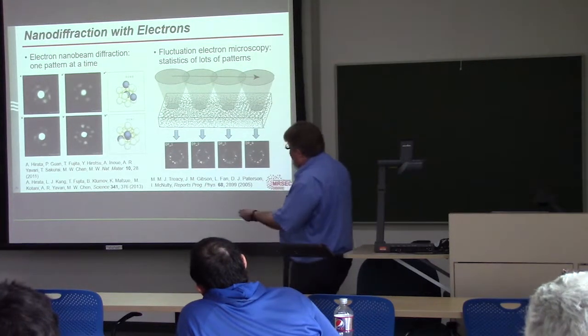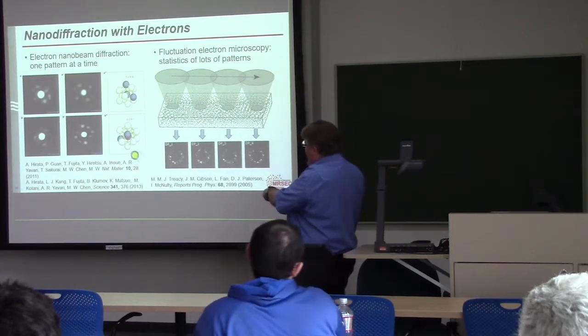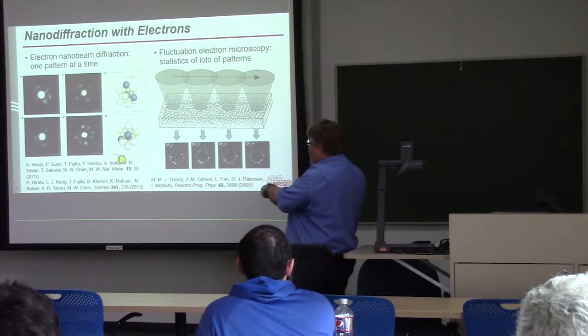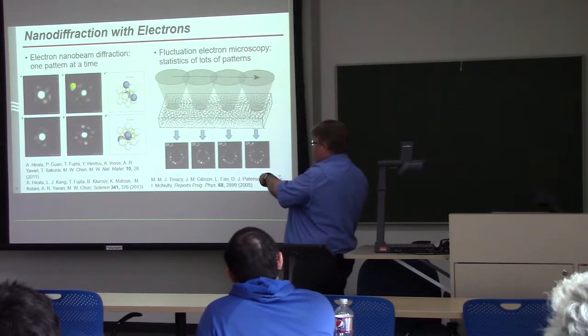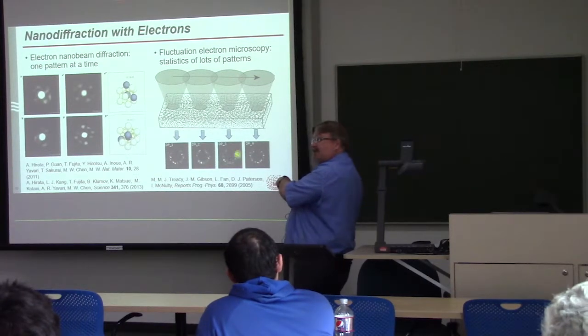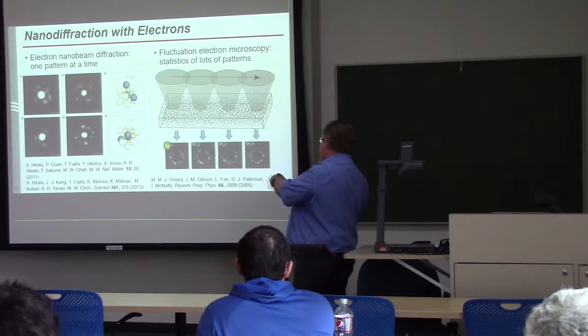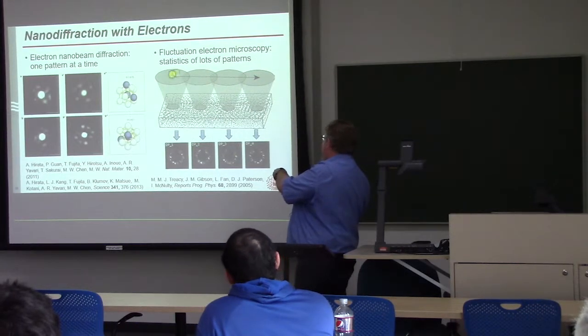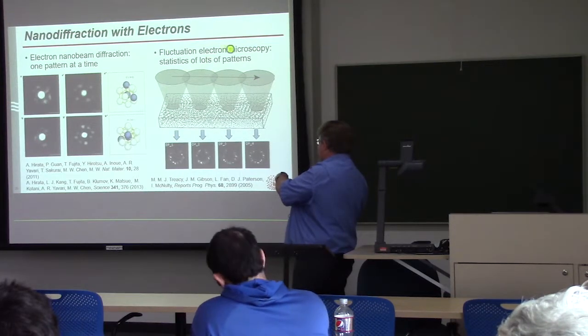My group has worked for many years on a technique where we acquire a large number of diffraction patterns, and rather than trying to analyze each one individually, we look at the statistics of lots and lots of them. In particular we look for fluctuations in intensity from place to place, which is what gives the technique its name, fluctuation electron microscopy.